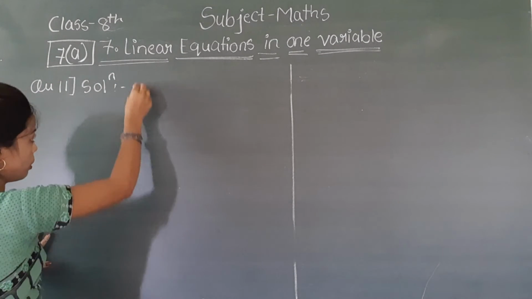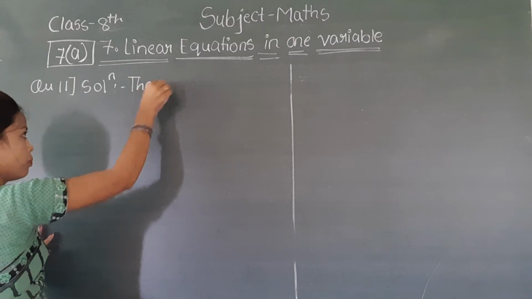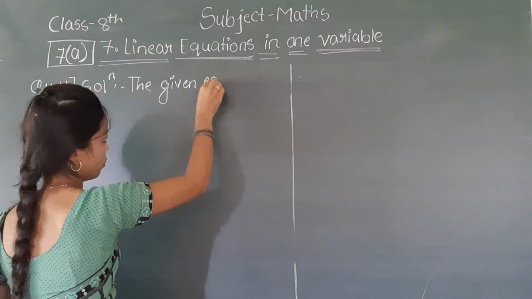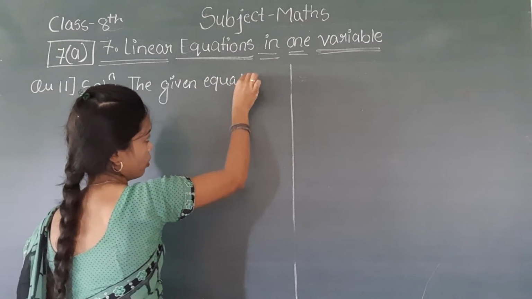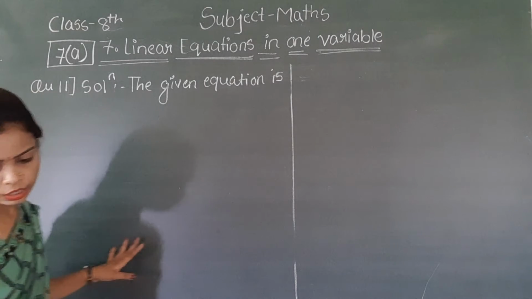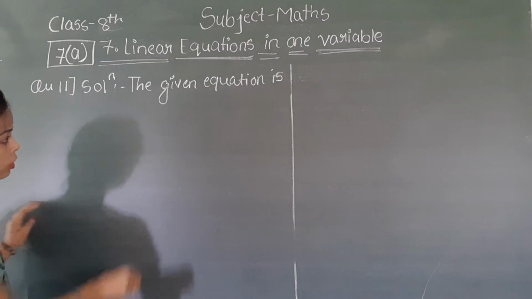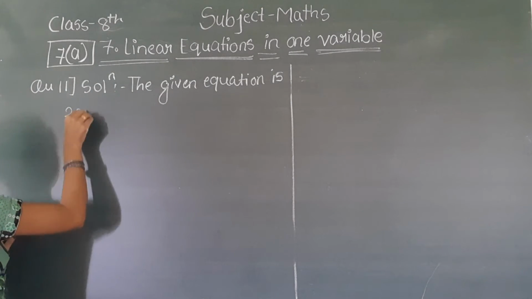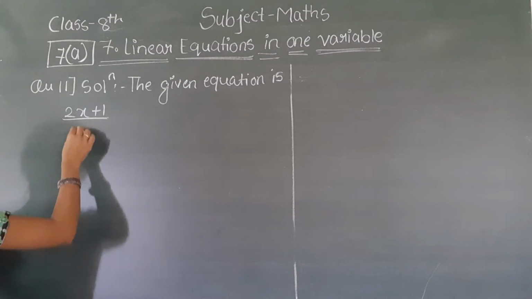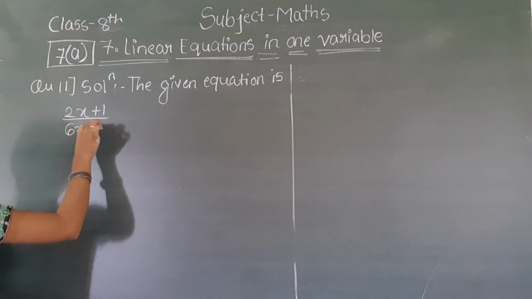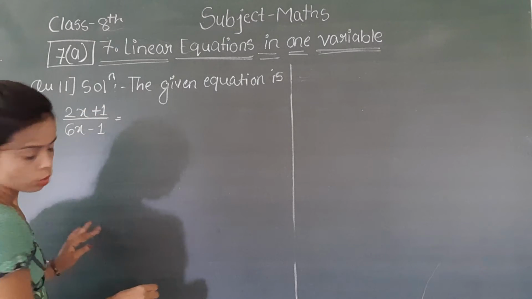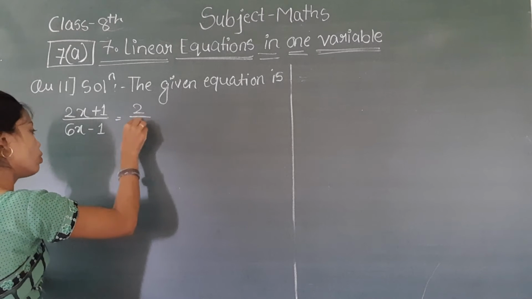The first statement is the given equation: (2x plus 1) upon (6x minus 1) is equal to 2 upon 5.